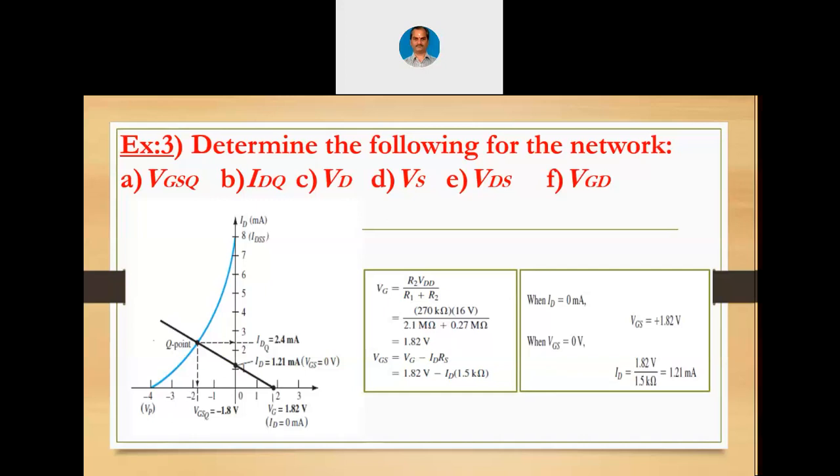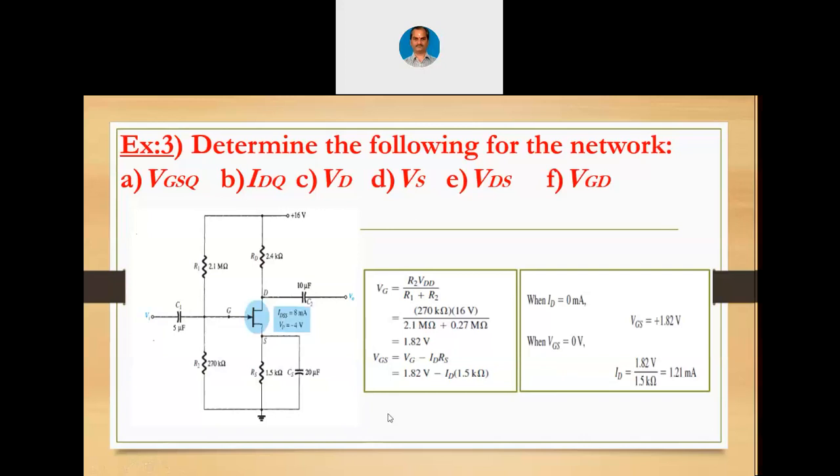Now I will go back to the circuit diagram. You tell me the values for VD, VS, VDS and VGD.